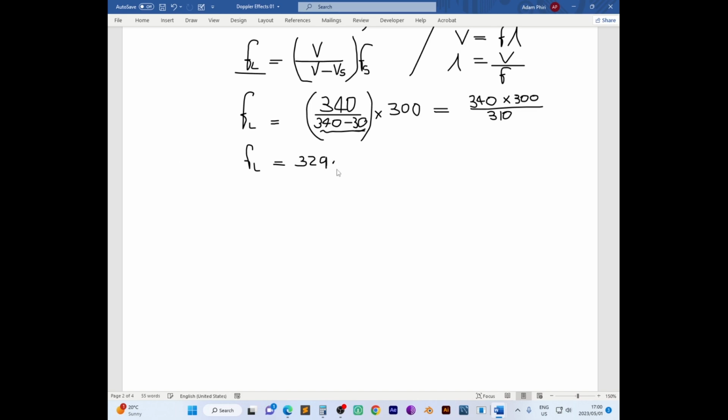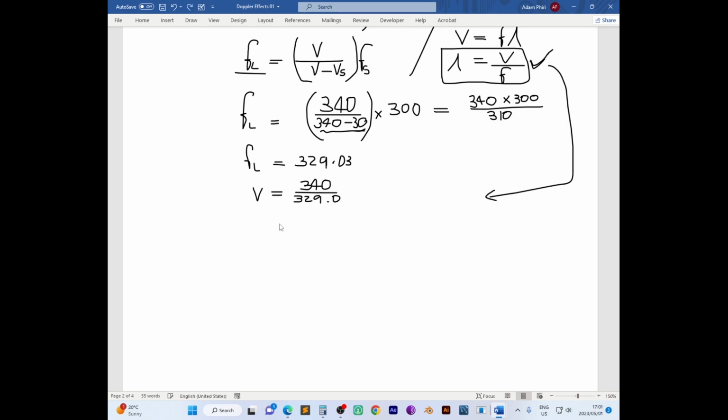That is, if you multiply 340 by 300 divided by 310, you get 329.03. So getting back there, we have the velocity, and then the wavelength, which is 340 over 329.03.